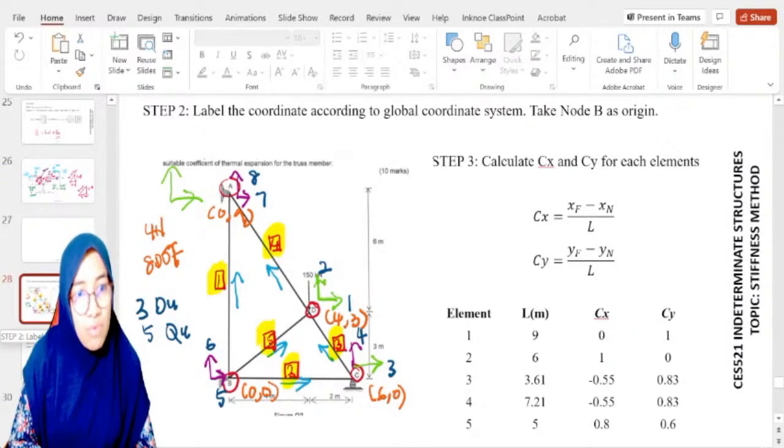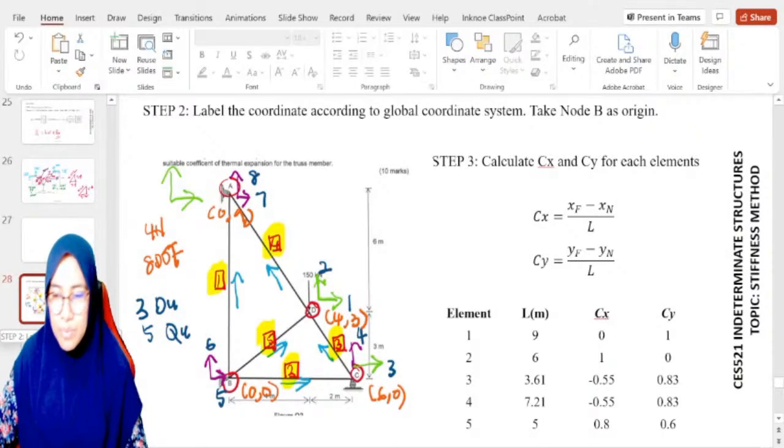Element number 4, it is 4 and 6. 4 square, 6 square, square root is 7.21.